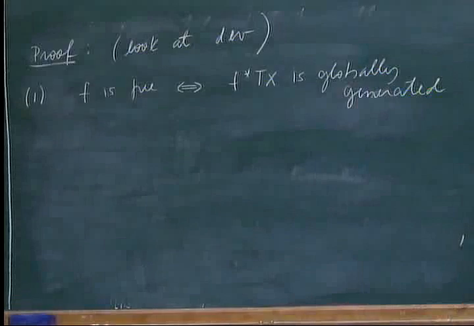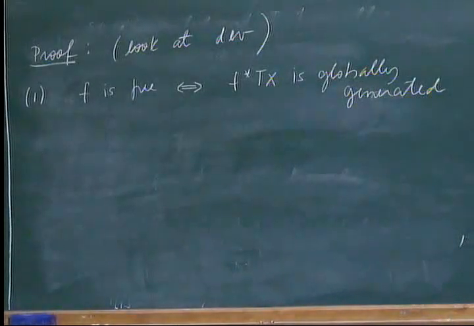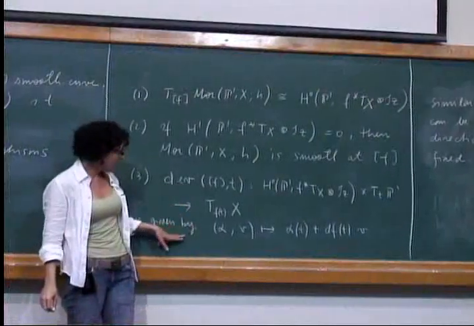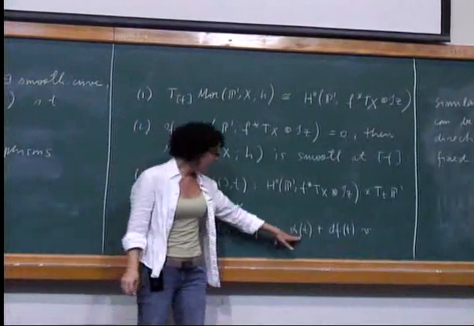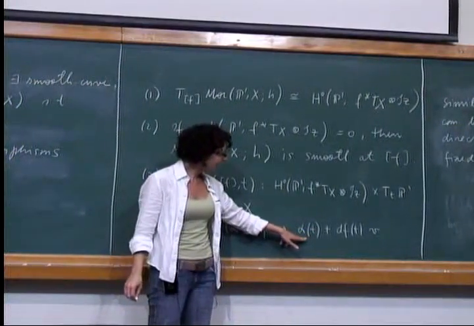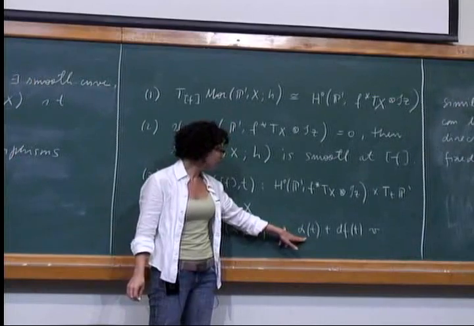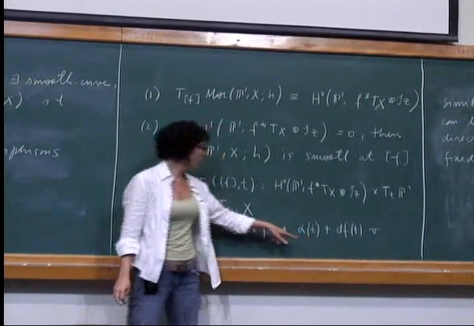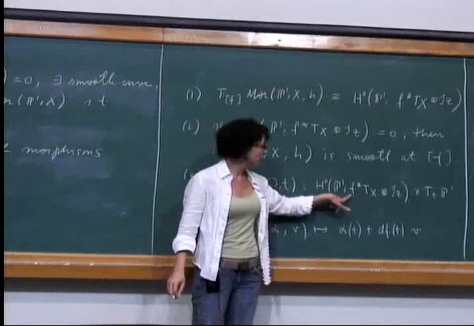But see, the image of the derivative map by this description here corresponds exactly at one point to the tangent vectors at this point, so the evaluations of these sections.